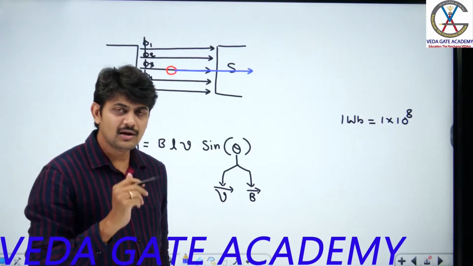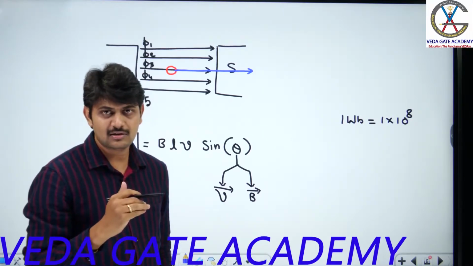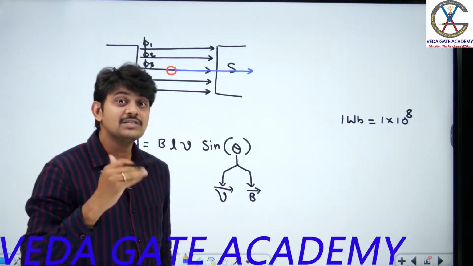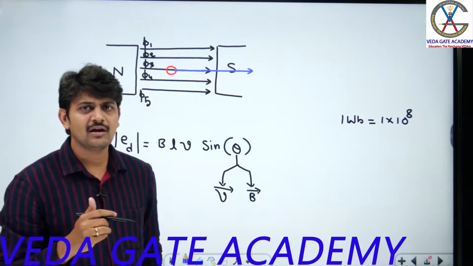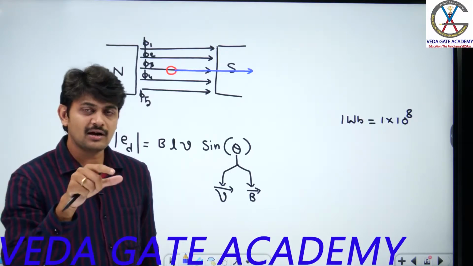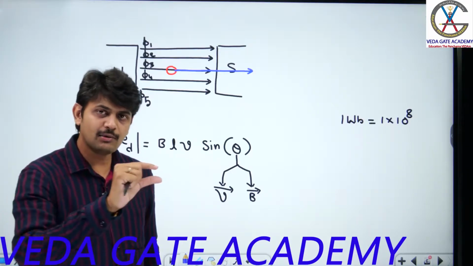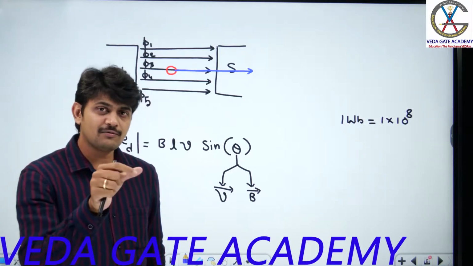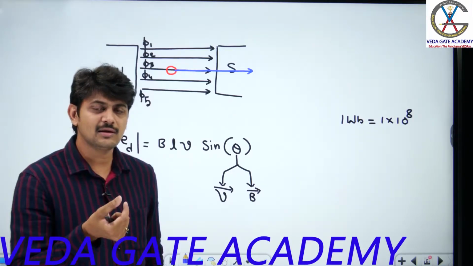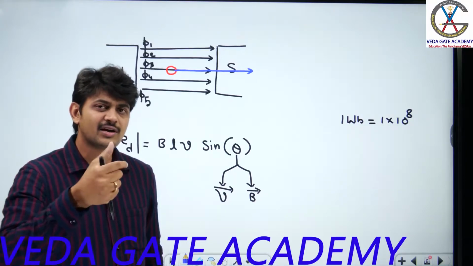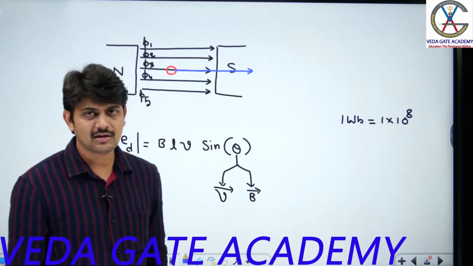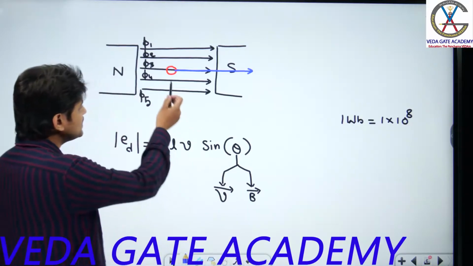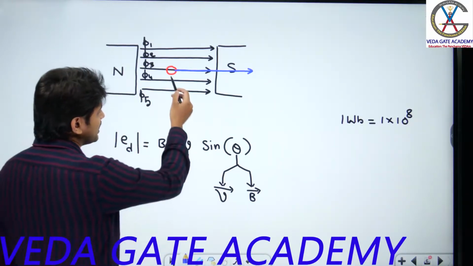Obviously, in order to create EMF, I require a change in flux lines, rather than simply flux. What is the meaning of change in flux? You need to simply understand with how many different flux lines my conductor is linking. The moment I move the conductor, if it is linking with different flux lines, I can say there is a rate of change in flux linkages.